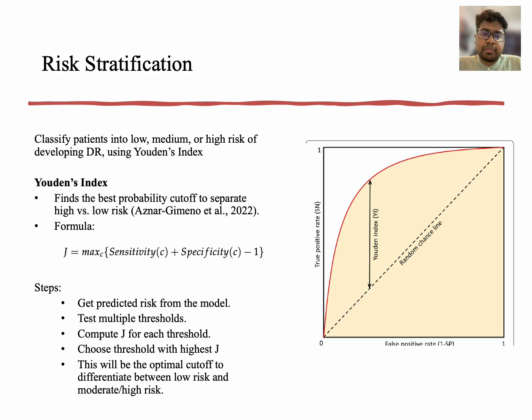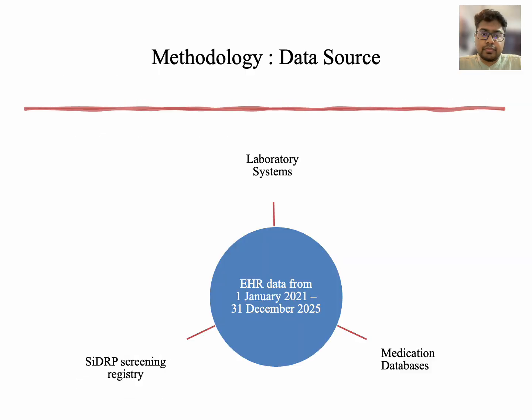This point maximizes the balance between the sensitivity and also specificity of the model. The cutoff can then guide us to divide into different risk categories, which we will see in the following slides.